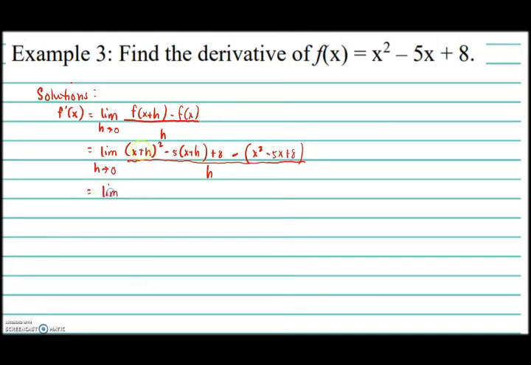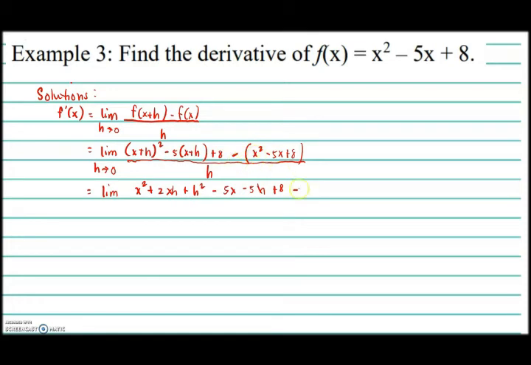So we have here the limit. Okay, expand the binomial, so you have x squared plus 2xh plus h squared minus 5x minus 5h plus 8.